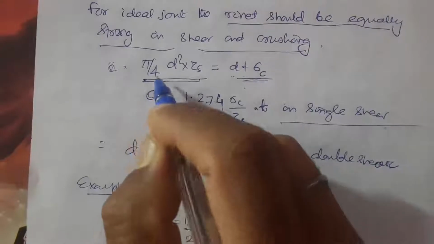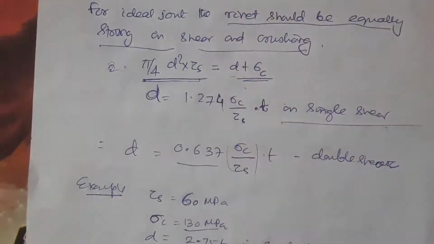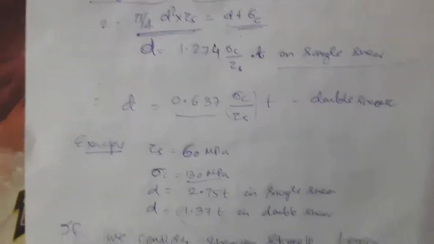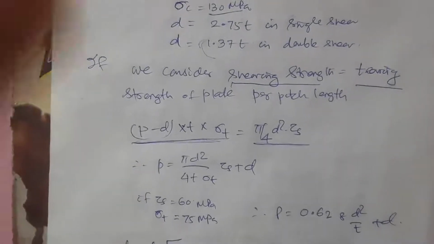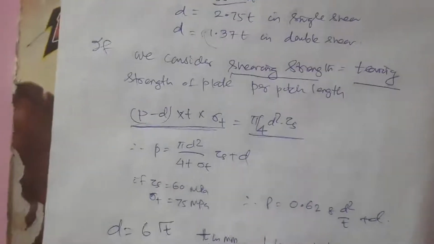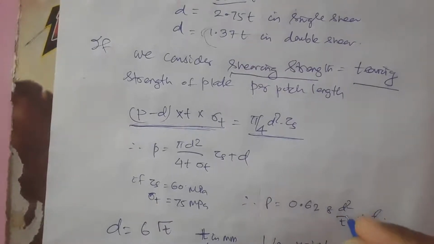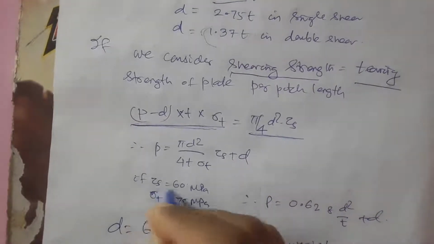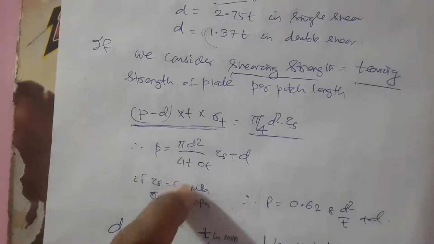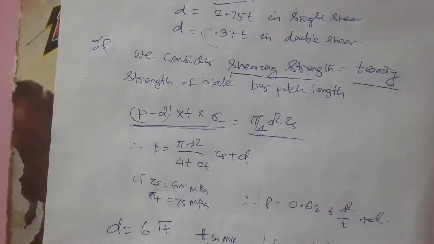For the hole diameter, you consider the tearing strength equal to the crushing strength. For the pitch, you consider the shearing strength equal to the tensile strength. In this case the pitch value comes out as 0.628 into this. If you consider this as the standard plate dimension and the rivet material property, then you see the pitch comes out to be this much.